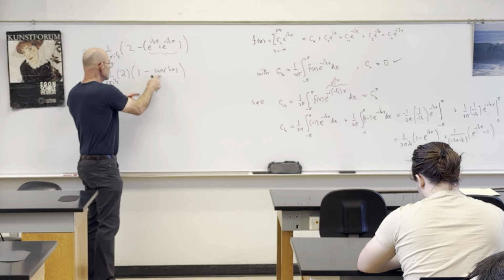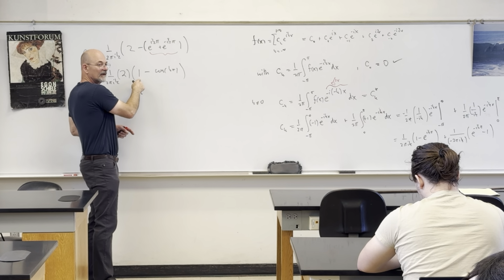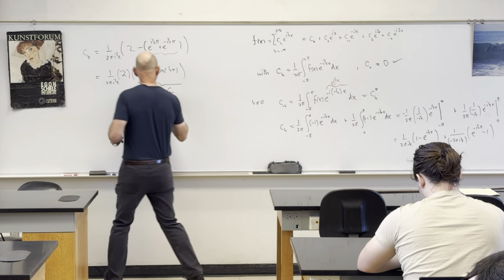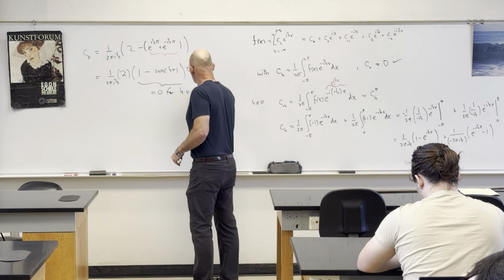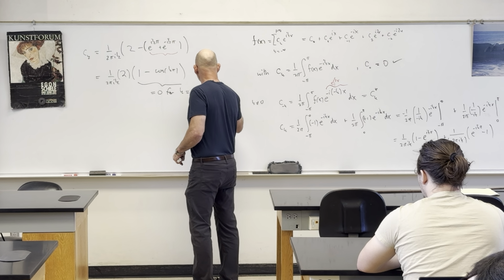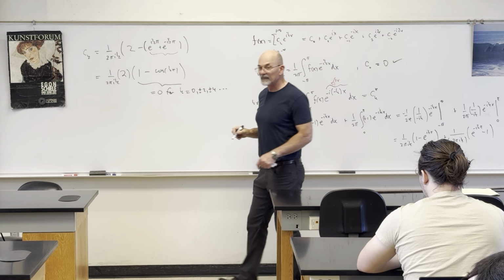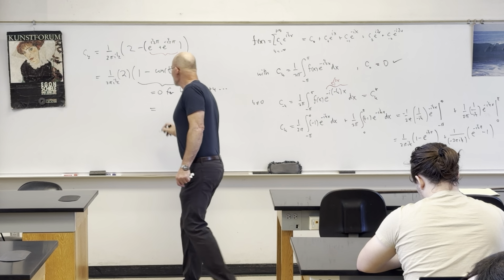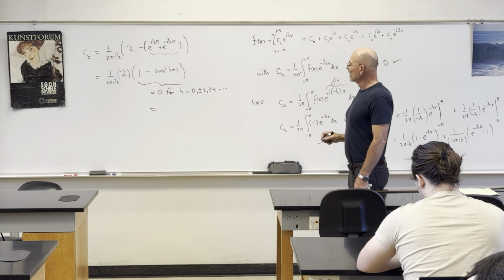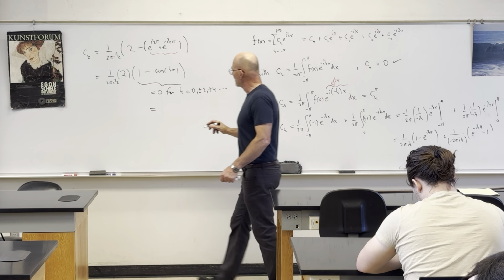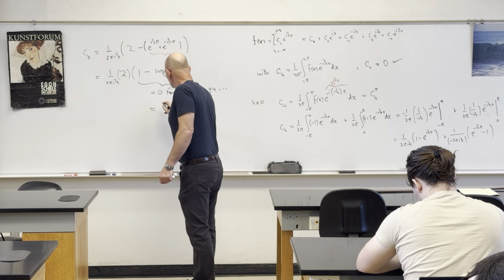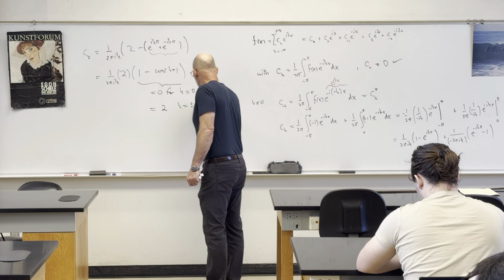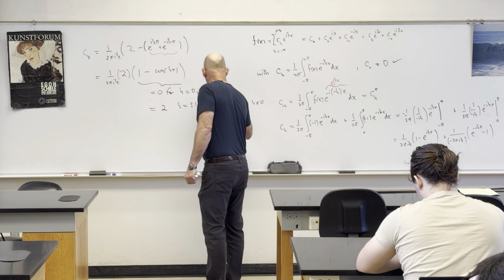When it's equal to 1, we get a 0 here. So this thing equals 0 for k equals 0, plus minus 2, plus minus 4, etc. And what is it equal to when k is odd, 1 minus -1, right? So it's going to be equal to 2 for k equals plus or minus 1, plus or minus 3, etc.